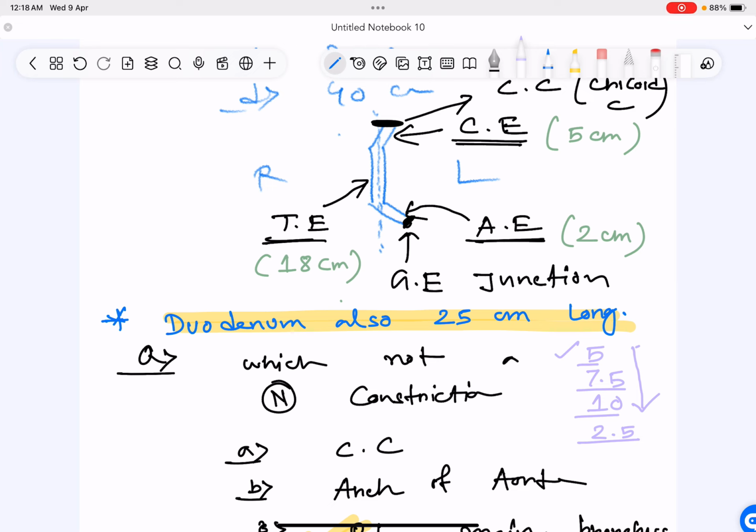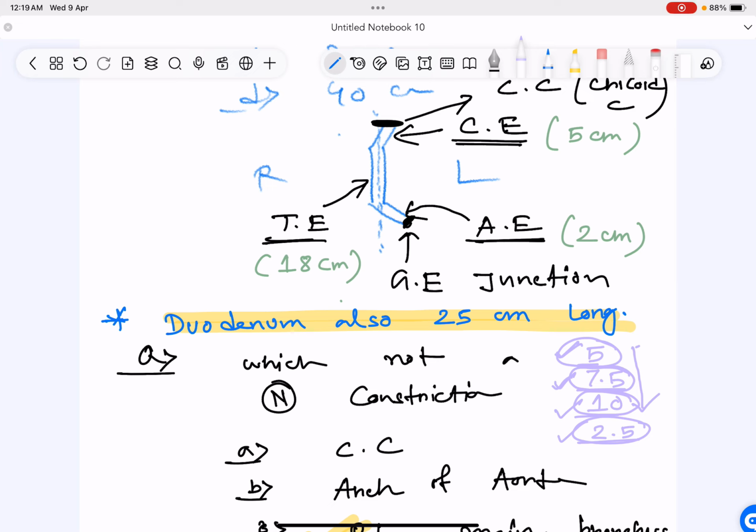First part of the duodenum, second part, third part, fourth part. The first part of the duodenum is called the superior part. This one is the descending part. This one is the horizontal part, and this one is the ascending part.